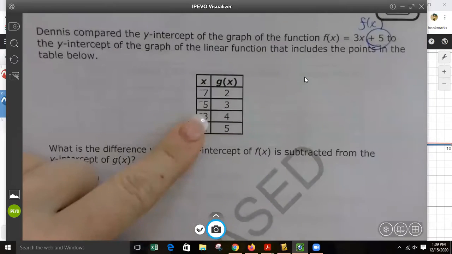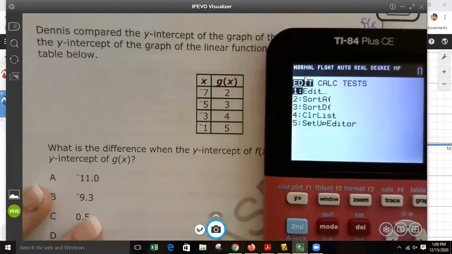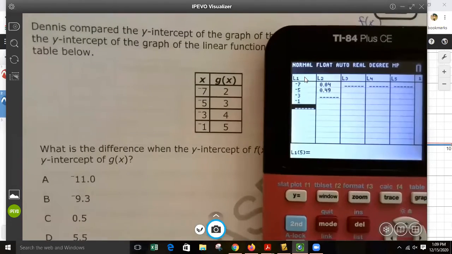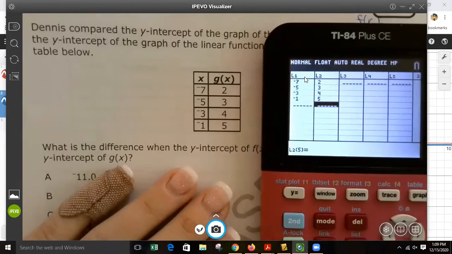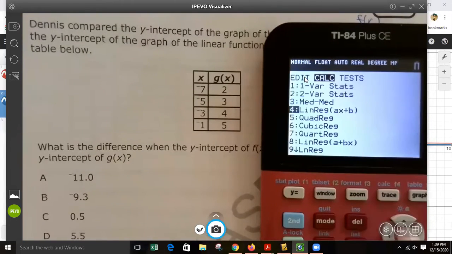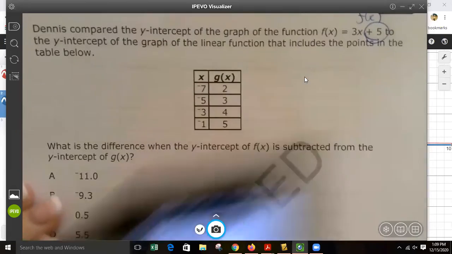To find the y-intercept of this, I'll use my calculator and I'll look at B. So we go into stat and edit, and I plug my numbers in. Take a second to make sure you plug them in right. They look good. Stat, calc, linear regression. What's your y-intercept on this one? 5.5.